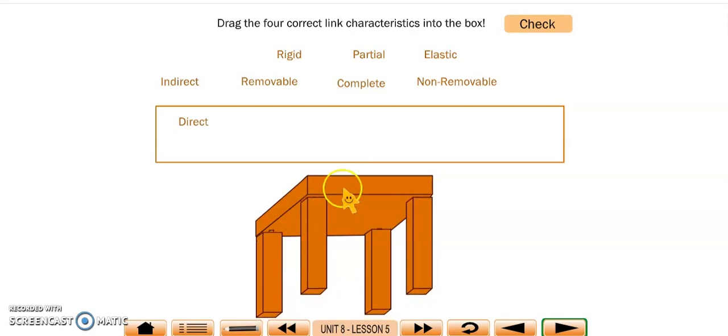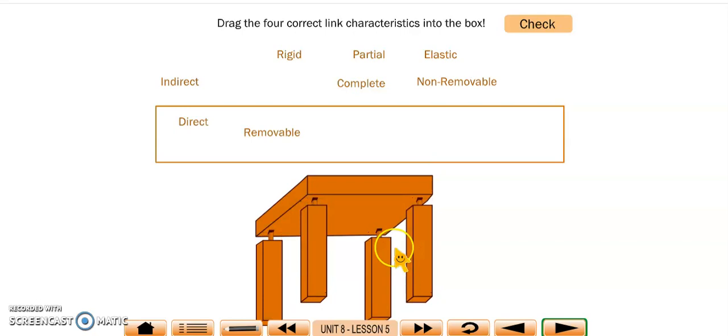So there'll be no damage because it is direct and there is no item such as glue that may damage if you remove the piece. So removable. Next, once the legs are installed, is the link partial or complete? In other words, once it's inserted, will it move or will it stay put?